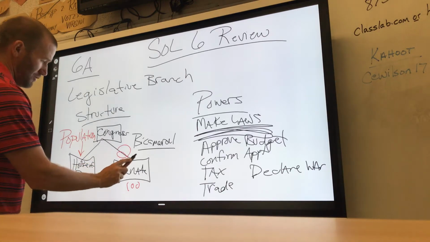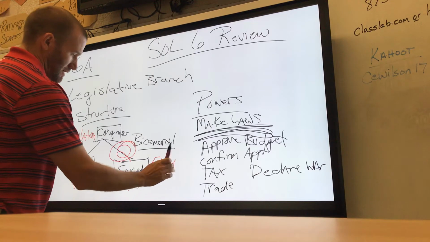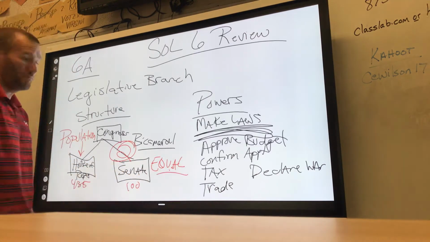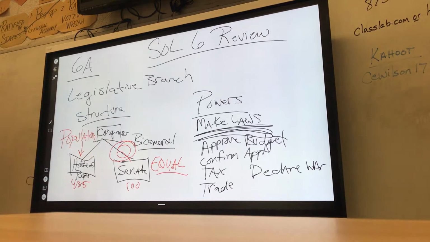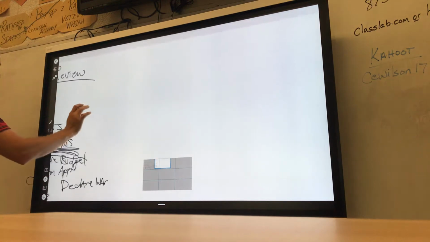Everybody has two. So in the Senate, they are equal. That's what you need to know about the legislative branch. All of that is displayed for you on the study guide. That's the most of the branches.